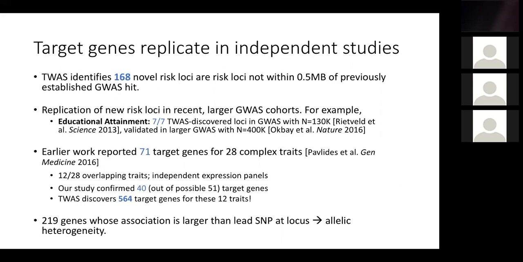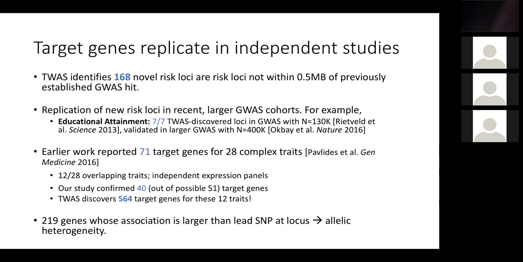The expectation for these findings is that these loci will be uncovered by larger GWAS studies, as TWAS has more power. So what we did is we looked into a newer GWAS for educational attainment that had over 400,000 individuals, and we were able to replicate all 7 loci we discovered using TWAS in a data set with only 130,000 individuals.